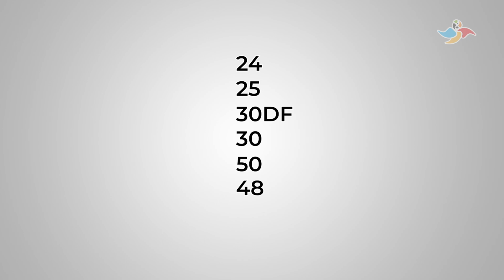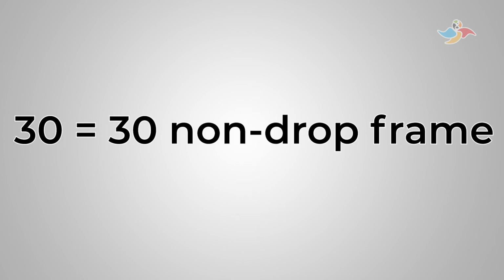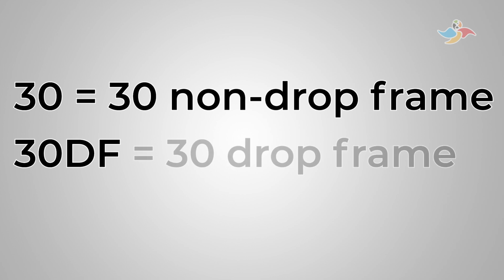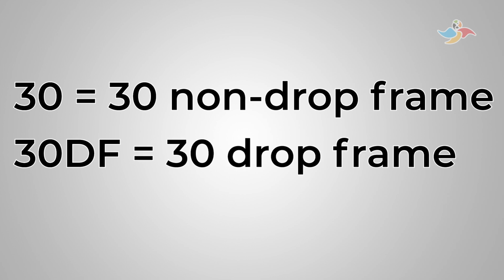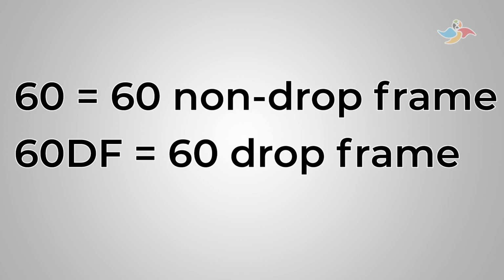This can be 24, 25, 30df, 30, 50, 48, 60df, 60. Please note that 30 means 30 non-drop frame, and 30df means 30 drop frame. The same goes for 60 and 60df.